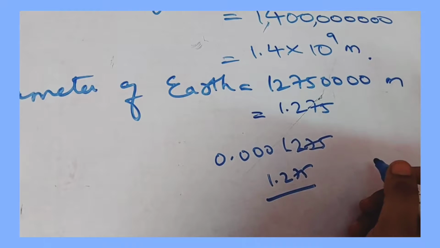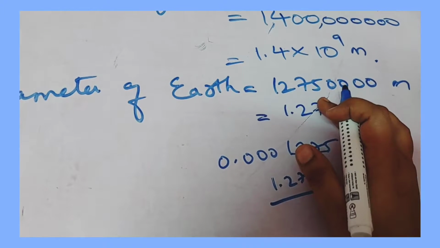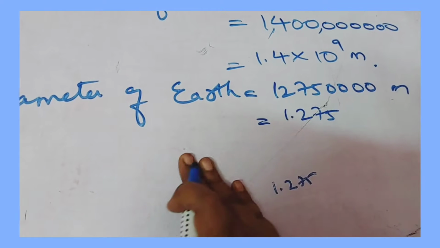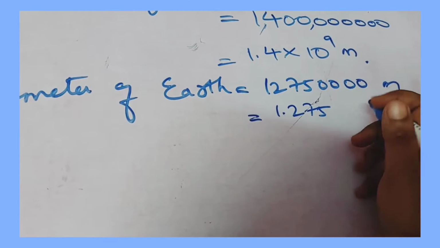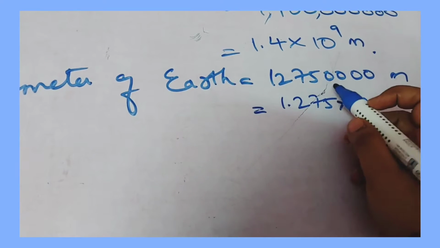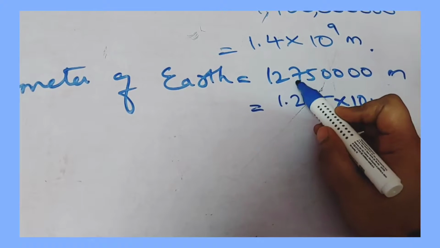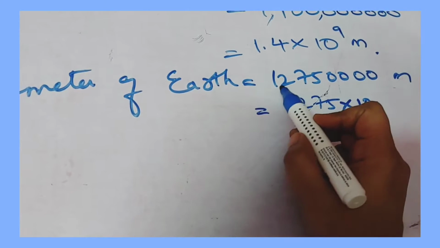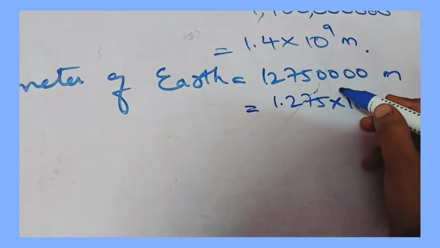So if the number is here, you take 1.275 into 10 to the power of 1 2 3 4 5 6 7. As we have taken 1 point, it is 10 to the power of 7.